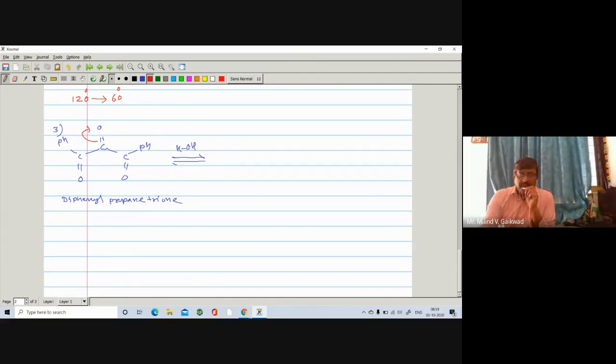This OH will attack on this C positive. This sigma bond of HOH opens, OH negative, H positive. This negative will attack on this H positive, and this OH negative will attack on this C positive. So same thing I will write.